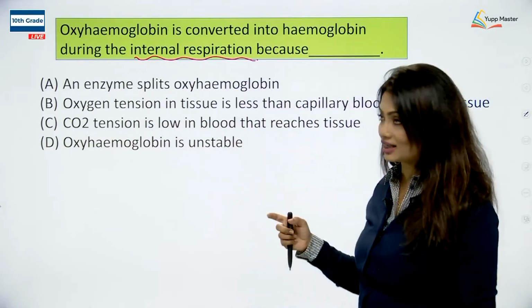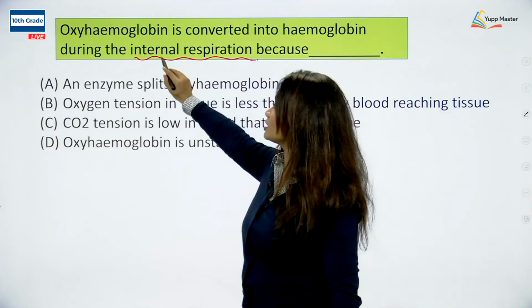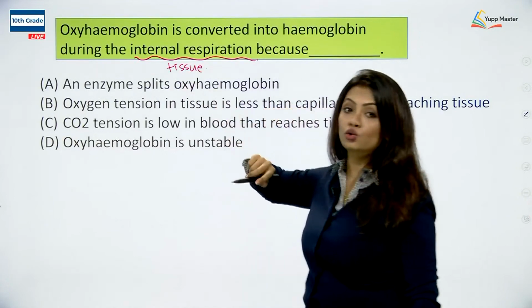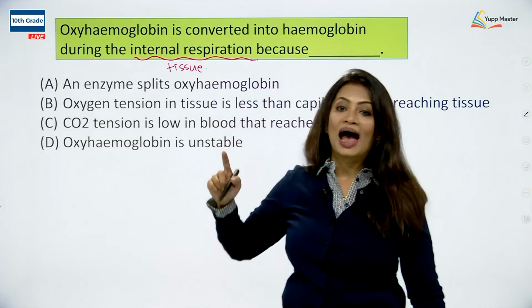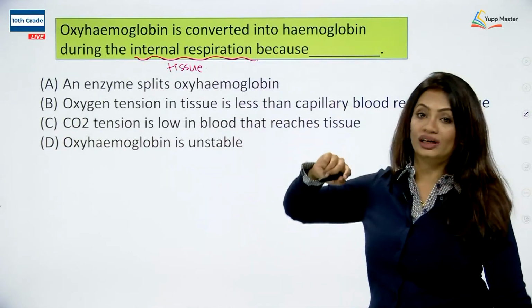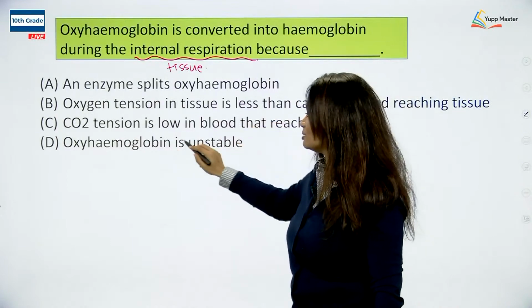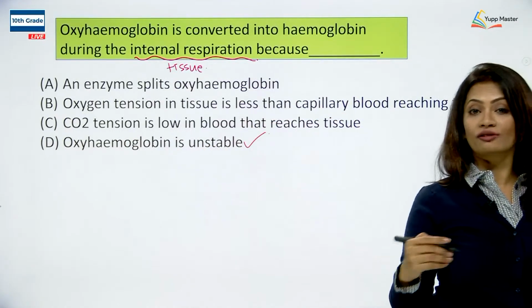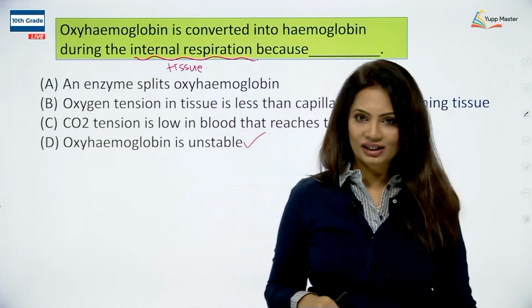So that's why we say that oxyhaemoglobin is converted to hemoglobin during internal respiration, means that where the tissues are, over there it will lose the oxygen molecules so that it can provide it to the tissues and it will be converted back into only hemoglobin. So the reason behind that is because oxyhaemoglobin is unstable, alright, means that it is ready to give off the oxygen molecules as and when required by our tissues.